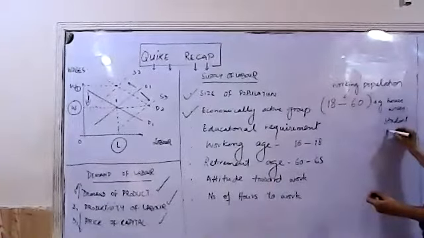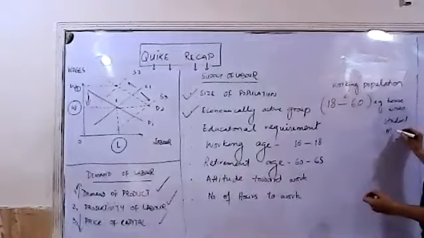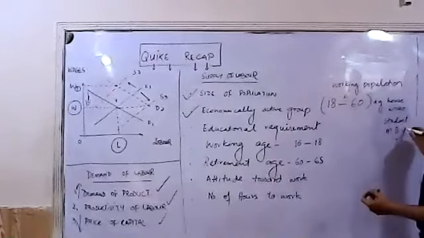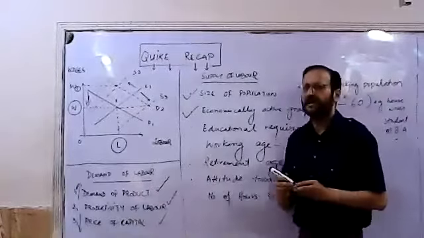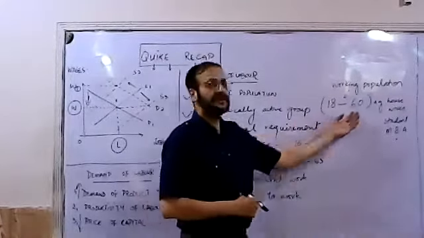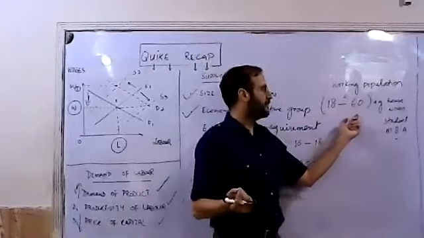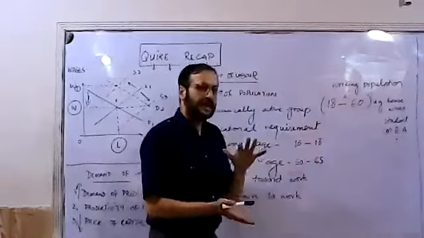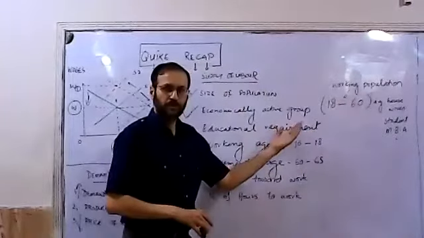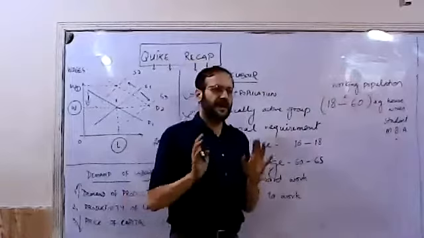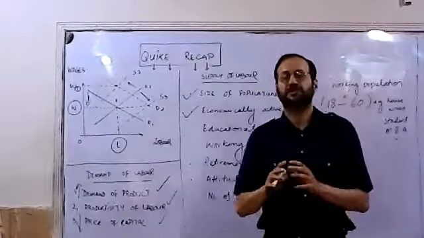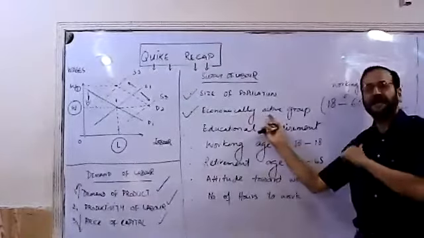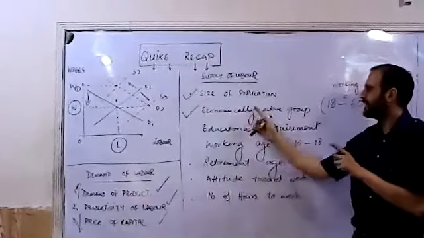Let's say he wants to do a postgraduate degree, like an MBA after his undergrad program. So his age might be 21, 22 or 23, but still he's in the economically idle group. Just imagine an economy where people have a trend to study further; that means they are economically inactive, part of the idle group.